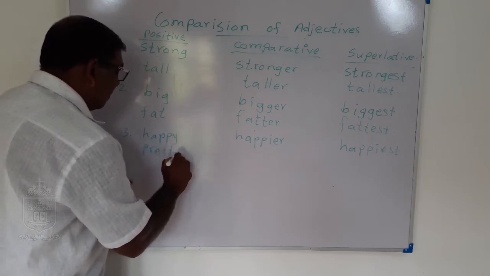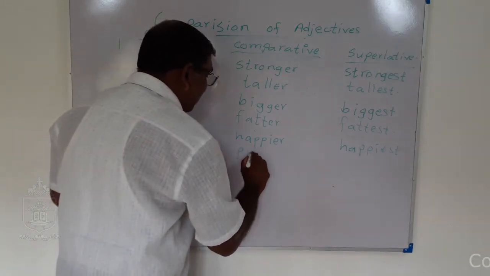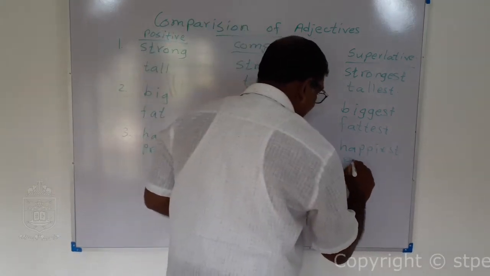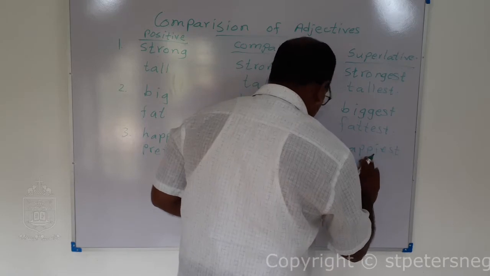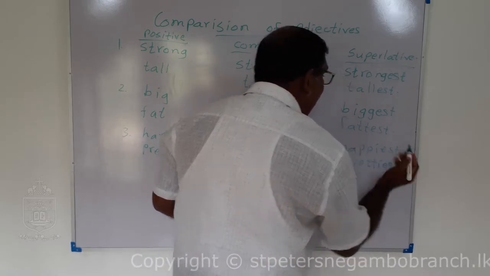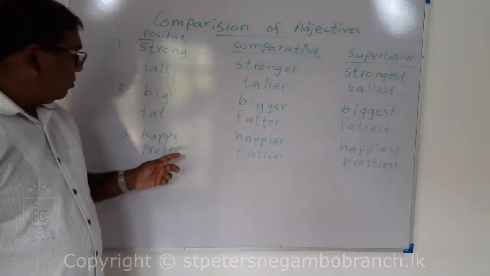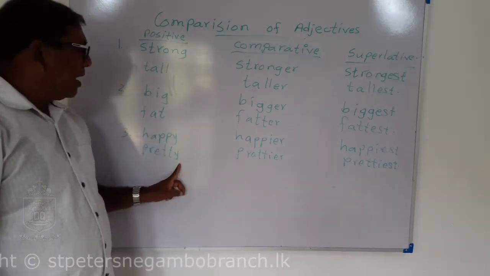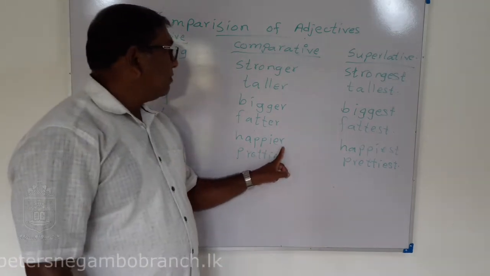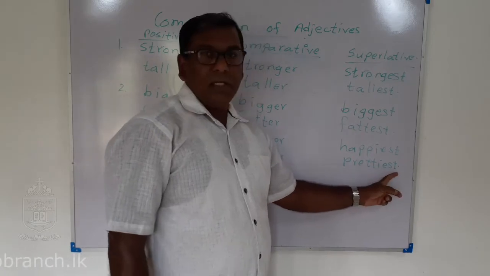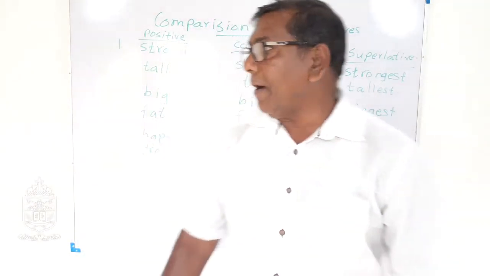Pretty, prettier, prettiest. So you have to remember, when you come across a word with the last letter Y, you have to drop Y and add IER for the comparative, and for the superlative IEST should be added there.